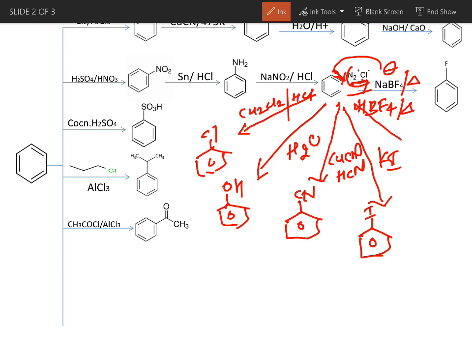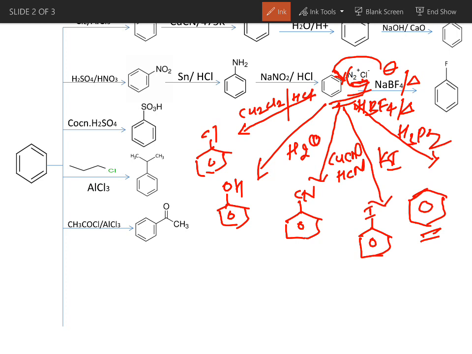Similarly, if benzene diazonium chloride is reacted with H3PO2, it will give benzene. N2Cl will get reduced and form only benzene. So, it is an important intermediate. From this many compounds will be formed with different reagents.